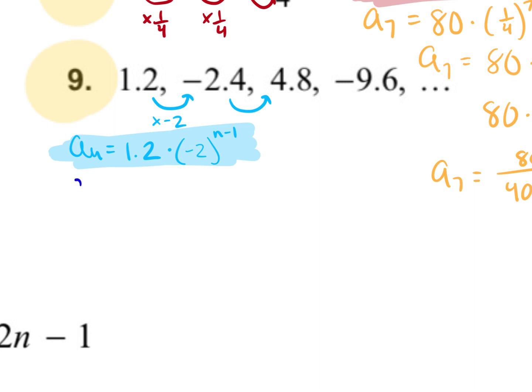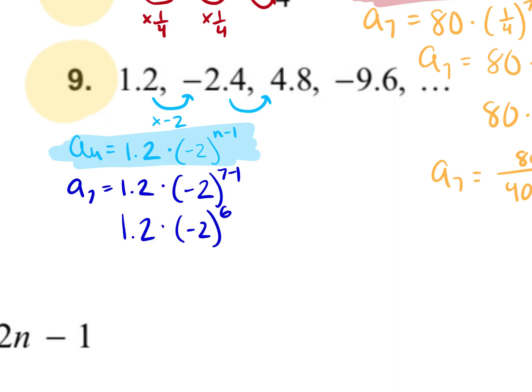Now let's find our, what does it say, 7th term. So we have 1.2 times, this would be -2 to the power of 7 minus 1. So 1.2 times -2 to the power of 6. What's -2 to the power of 6?